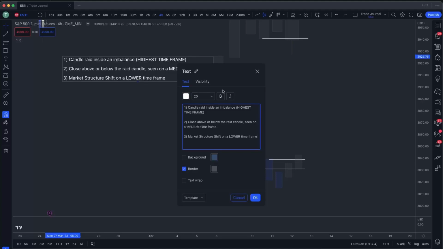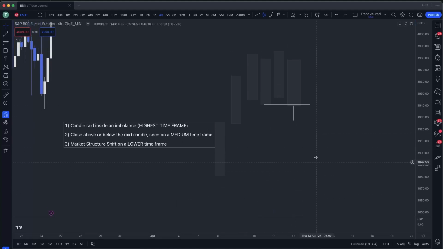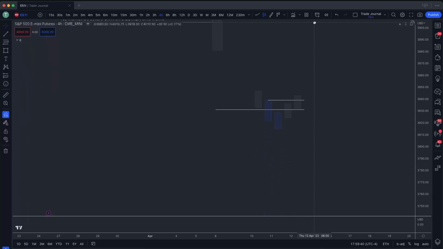So this will be our 3rd time frame. Relative to the daily chart here, this could be our 2-hour chart or 4-hour chart.